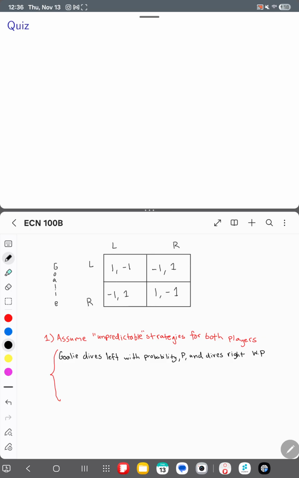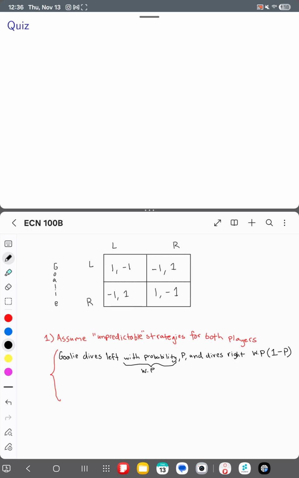We want to write down unpredictable strategies for both guys. Unpredictability means that as a goalie, I'm going to sometimes go left, sometimes go right. And to be precise, I also need to have some idea in my mind of how often I'm going to go left and how often I'm going to go right. And the relative frequency of those, we're going to write it down as these probabilities.